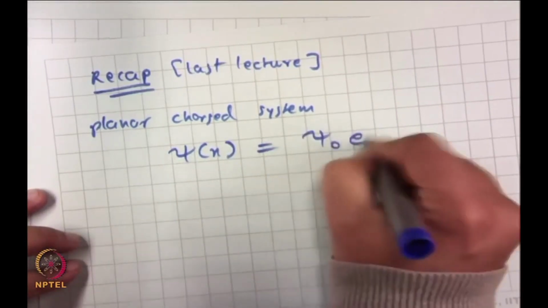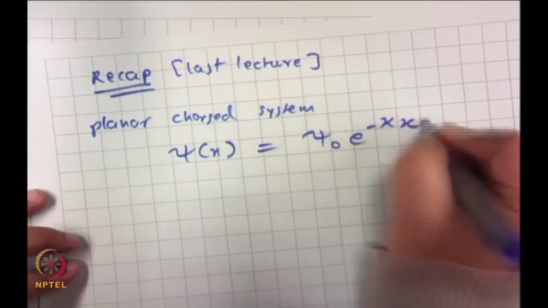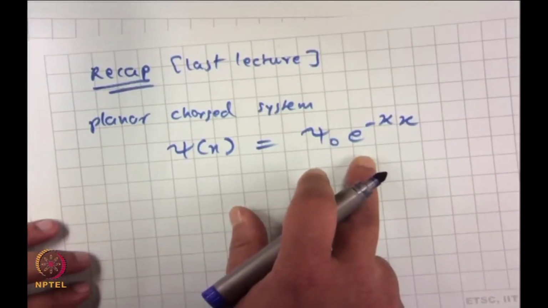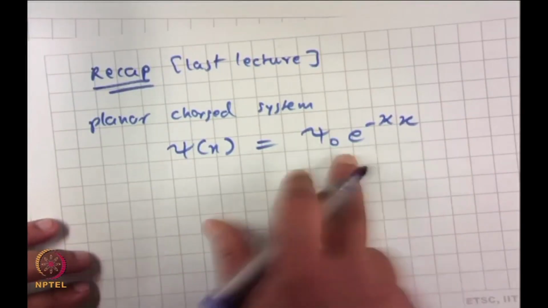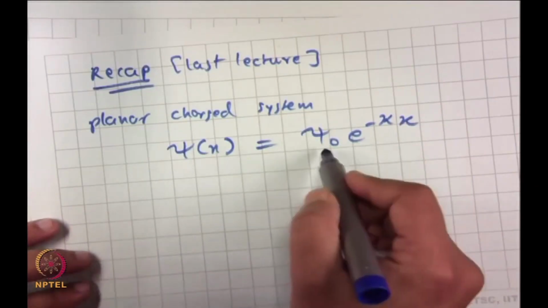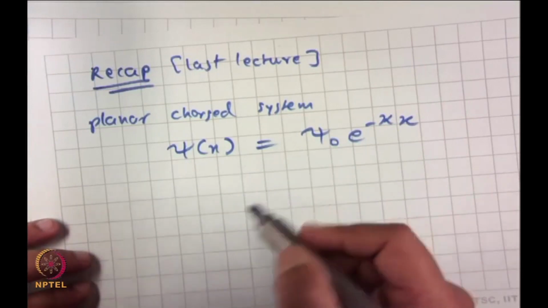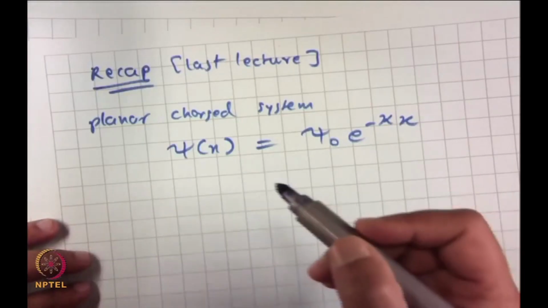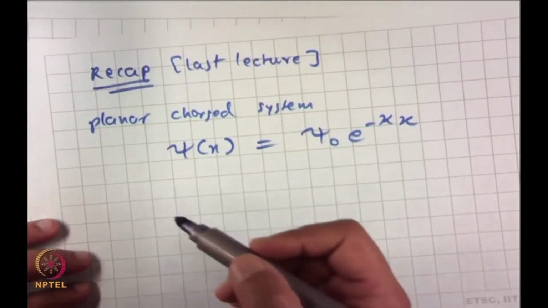Psi 0 e to the power minus kappa x. So there was an exponential decay of your electrostatic potential, coupled to psi 0, where psi 0 is the potential at the surface of the plane, that is x is equal to 0. That is what we defined psi 0 to be.